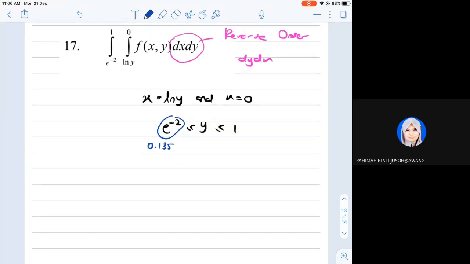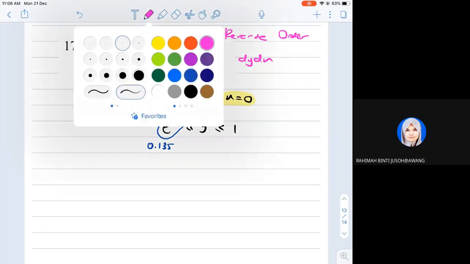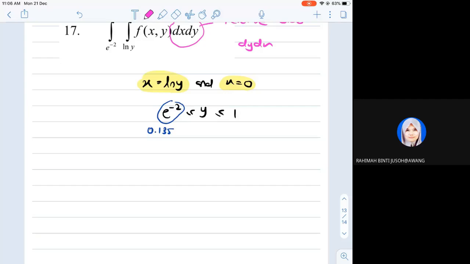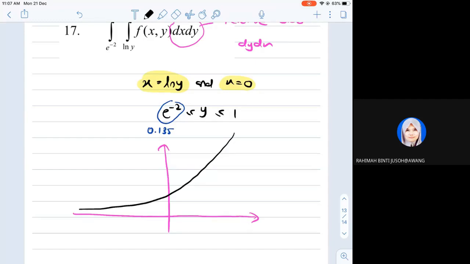Okay, so let us plot these two graphs. We have x equals to ln y and x equals to 0. So let us plot the graph of ln y. Y equals to 1, ln 1 is 0. So we will have something looks like this. We have x, we have y here. Of course, when y equals to 1, x equals to 0.